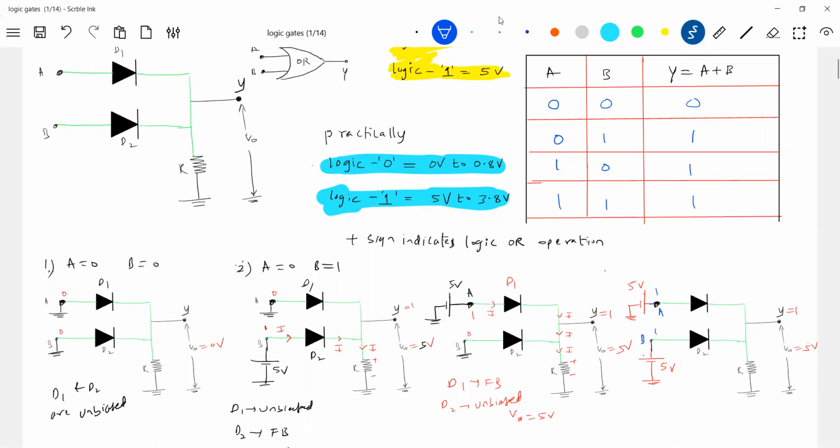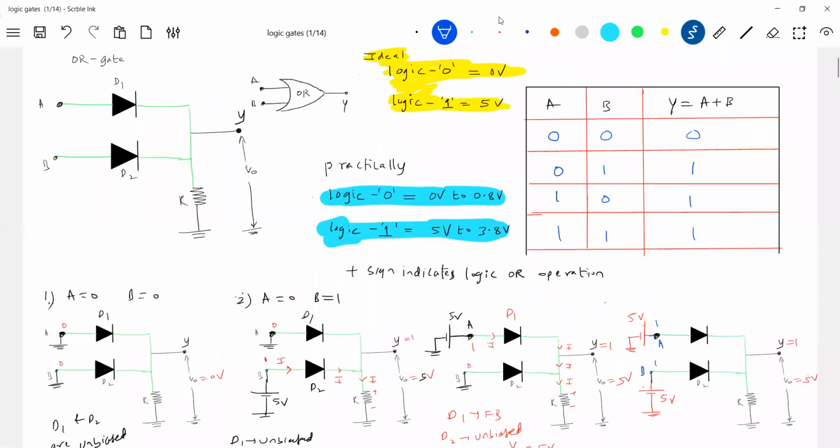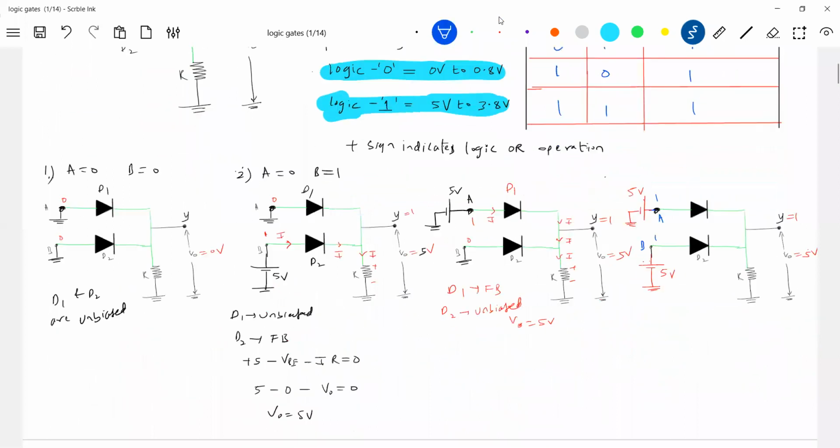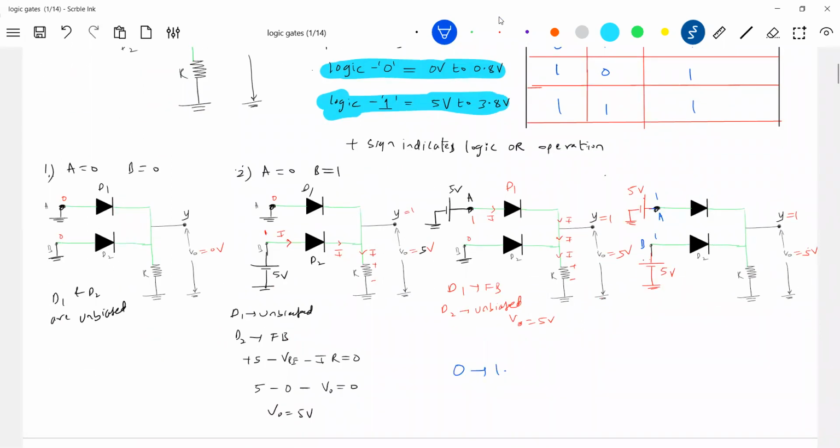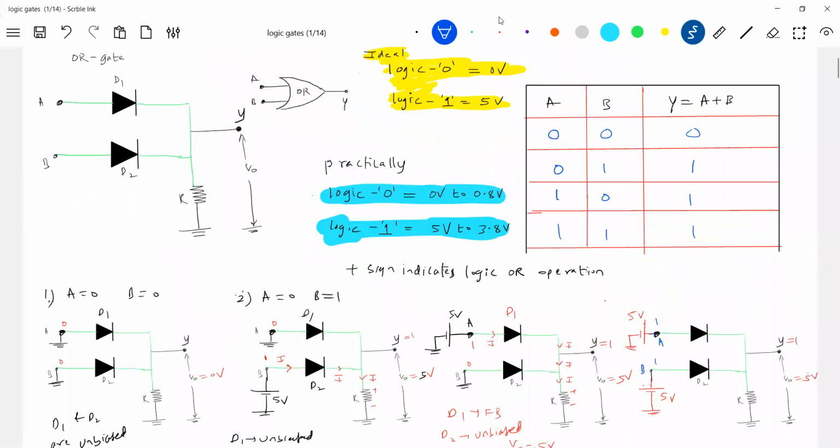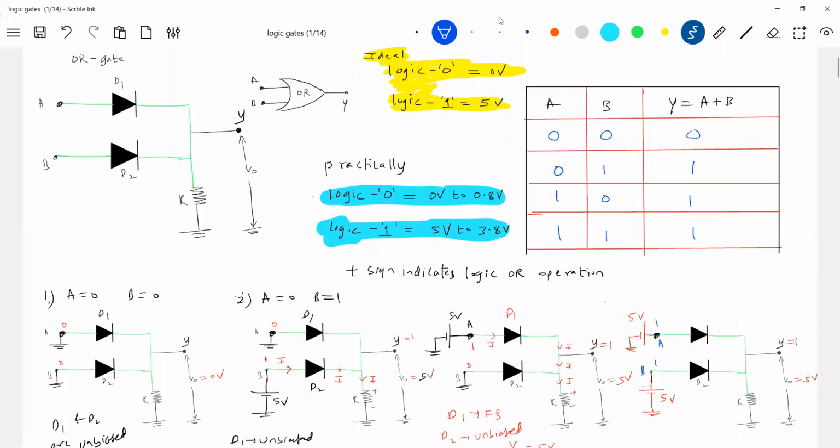So this is an OR operation, a logic OR operation. This is also called low and high. Instead of 0, they're telling low. So one more representation of this: 0 means low, 1 means high. When both the inputs are 0, logic 0, what will be the output?